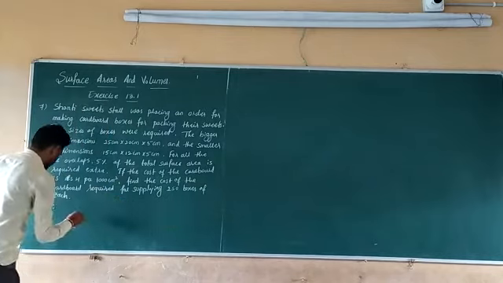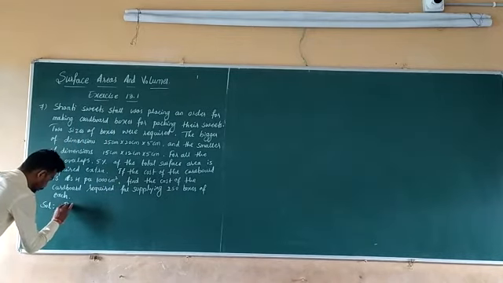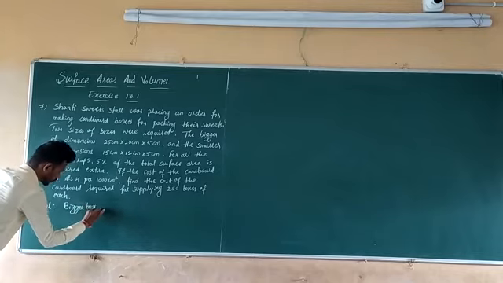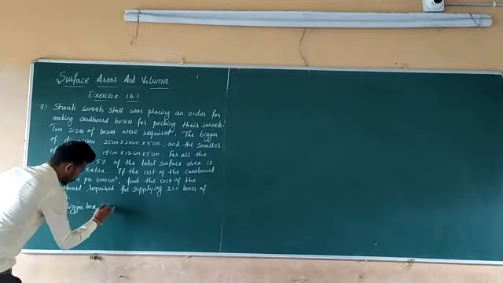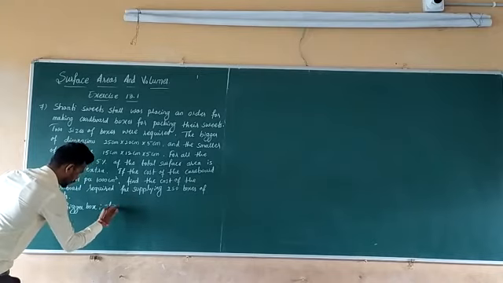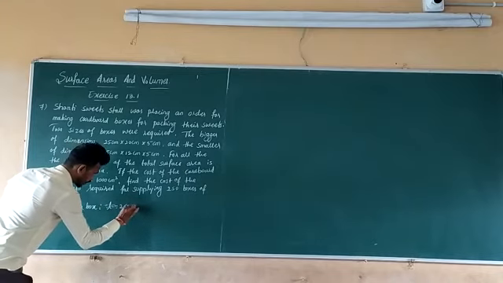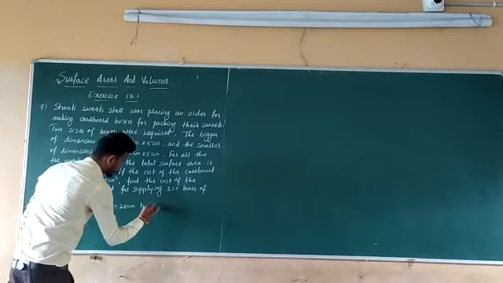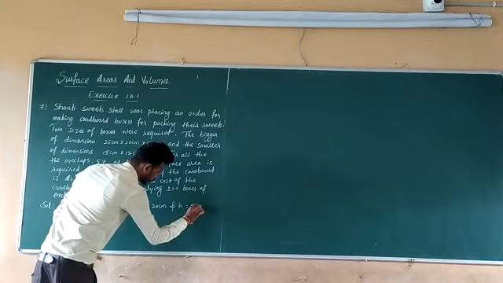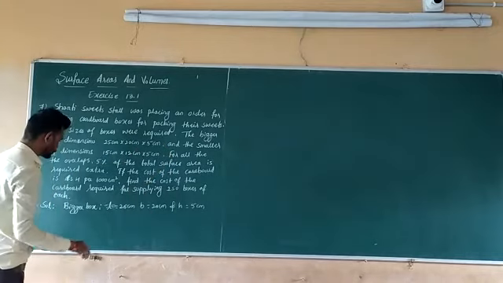So let us write for the bigger box. Dimension is what? Let us write L is equal to 25 centimeter, B is equal to 20 centimeter and H is equal to 5 centimeter.